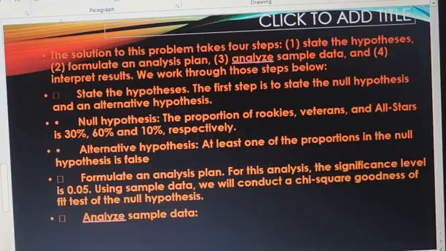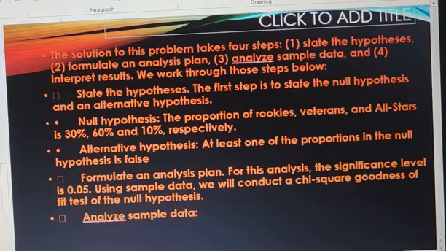Solution. The solution to this problem takes 4 steps. 1. State the hypotheses. 2. Formulate an analysis plan. 3. Analyze sample data. And 4. Interpret results. We work through those steps below. State the hypotheses.